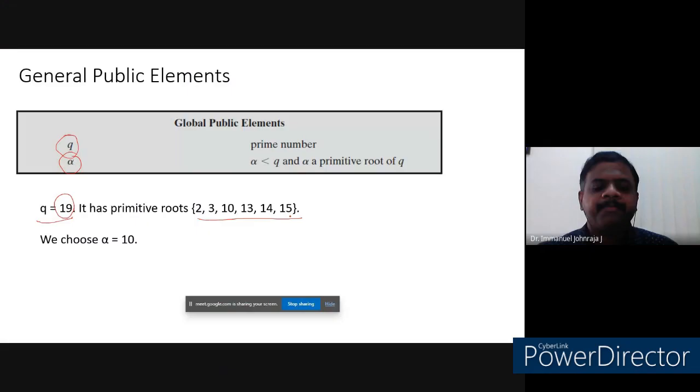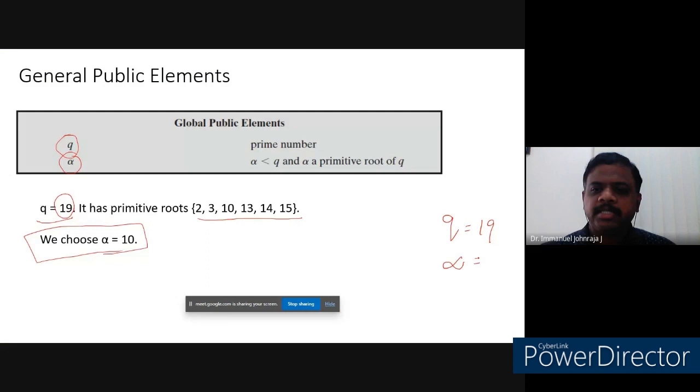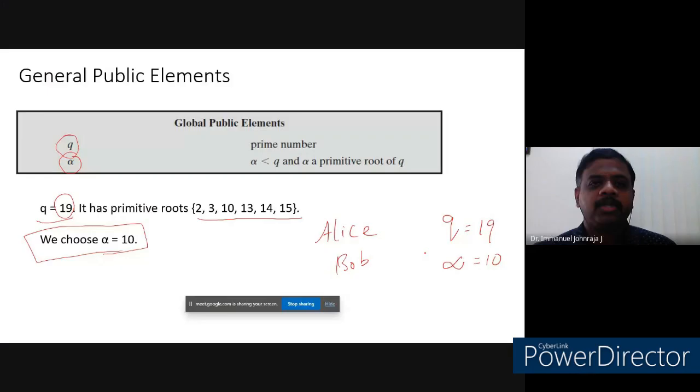These are all the primitive roots of 19, and I have taken this from a textbook. So we choose the alpha value as 10. So we have Q as 19 and alpha value as 10. These are the two global public elements.